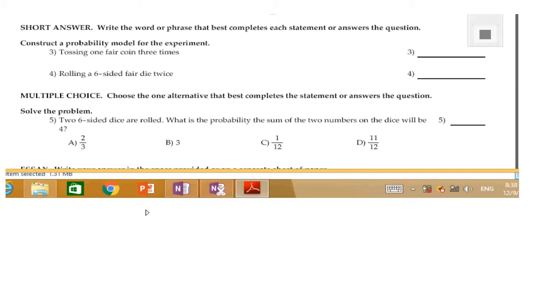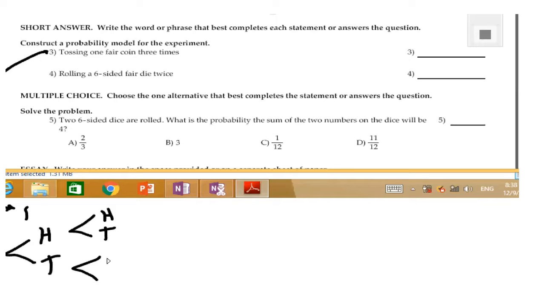The sample space of tossing a coin 3 times is the same as throwing 3 coins. I may have at the first one head or tail. So the first throwing could be head or tail. The second one could be head or tail. And then the third one could be head or tail.